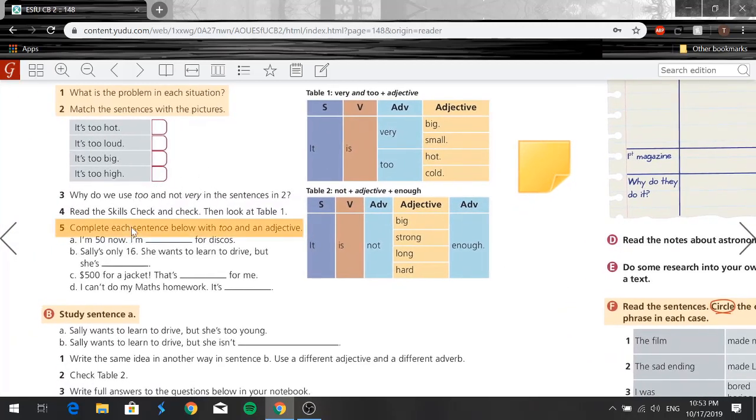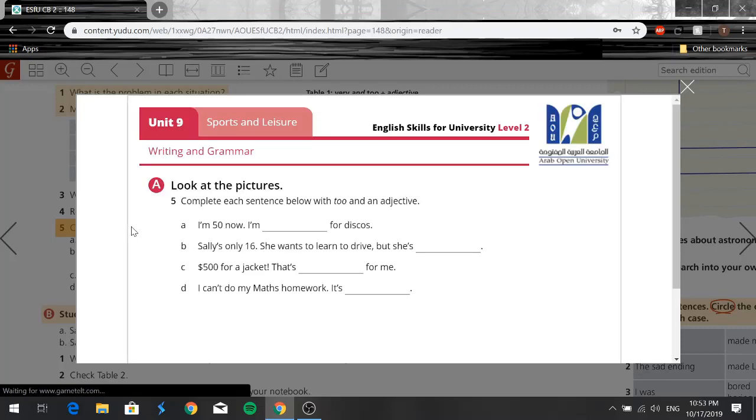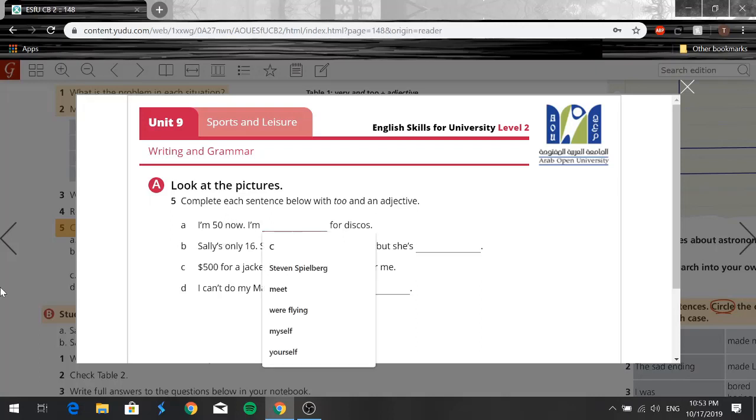Now let's go to A5 here. We have complete each sentence below with too and an adjective. Okay, so we'll say, I'm 50 now, I'm dash for discos. Well, we'll say, I'm too old for discos, right?